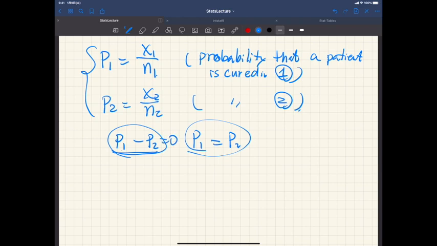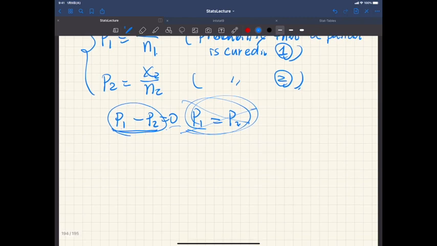But if the real value is significantly different from 0, then we reject the hypothesis that they are equal, so that the drug X is indeed effective.